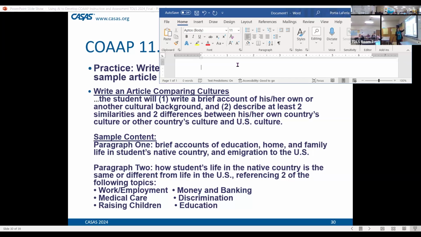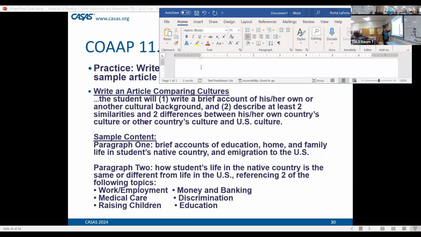So this is 11 point, what is it? Can you just show me? 11, it's a culture one. 12. So this is what it says, write an article comparing cultures. So we want to give a sample article to our students before they have to write their own article, right? So this is the task, write an article comparing cultures.